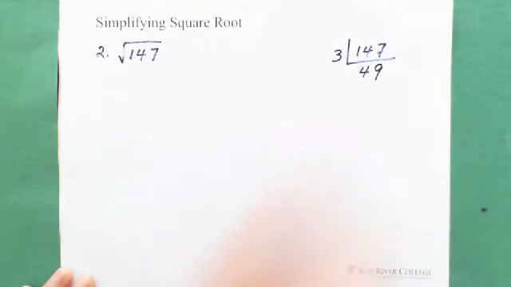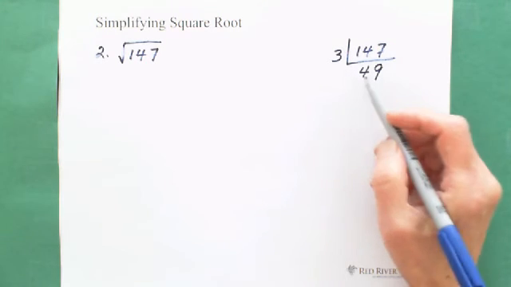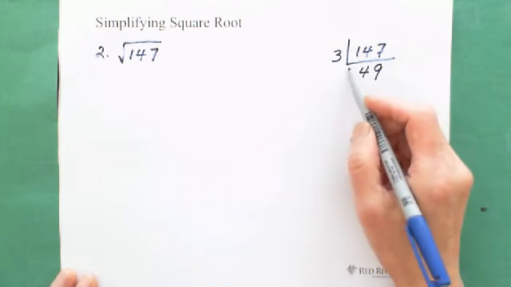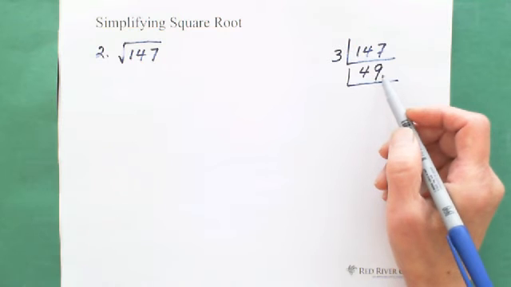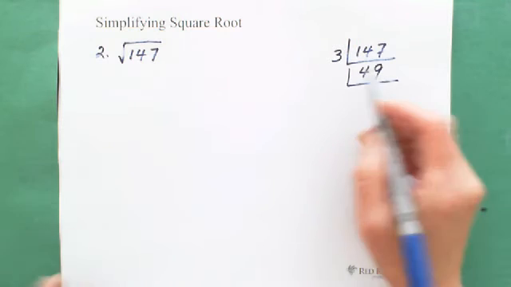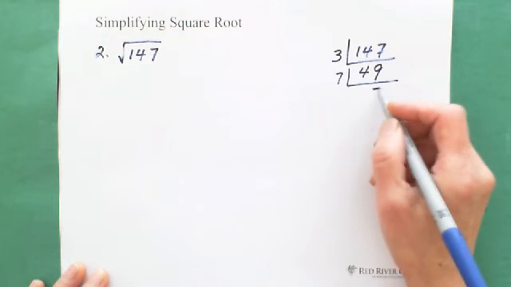27 divided by 3 is 9, so 147 equals 3 times 49. Then we keep going: you don't need to divide by 3 again, because 49 is 7 times 7. So 49 divided by 7 equals 7.